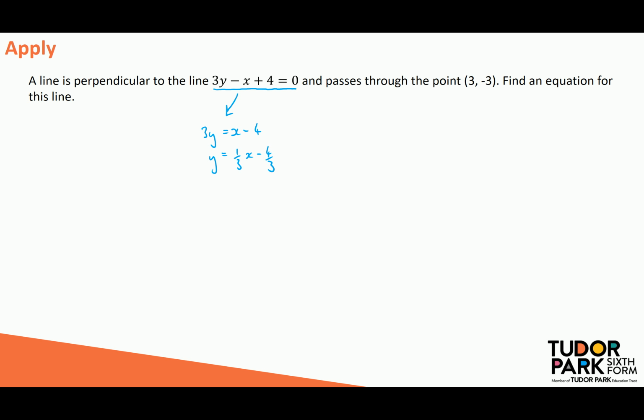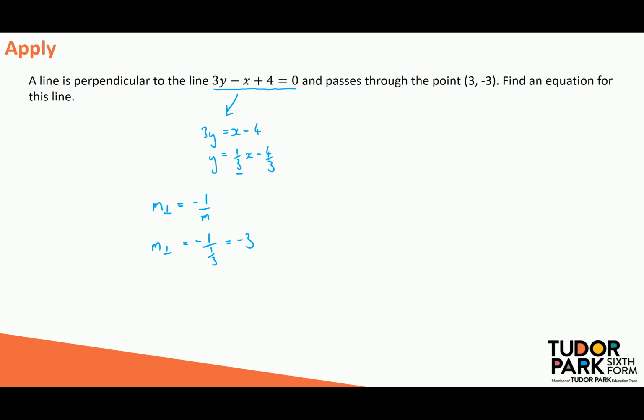Now, from a couple of slides ago, we know that the gradient for a perpendicular line is equal to minus 1 over the gradient of the original. So for my perpendicular line, the gradient is going to be minus 1 over 1/3, which is the same as minus 3.